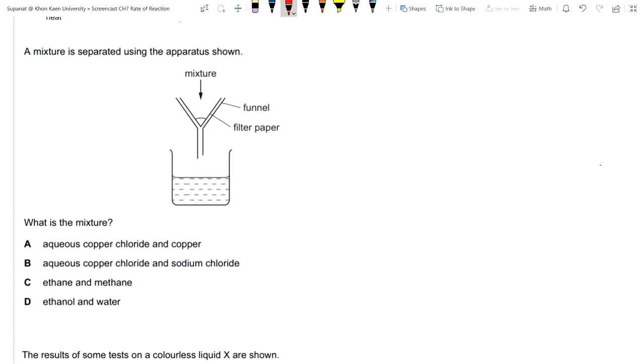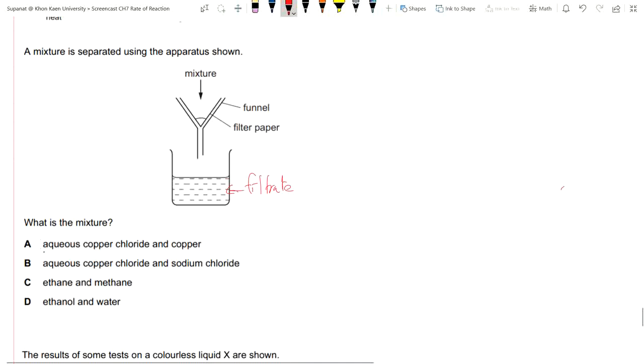Next, a mixture is separated using the apparatus shown. It has the funnel, the filter paper, the mixture, and the filtrate. Okay, this is the filtrate, and the filter paper and the solid here. What is the mixture?